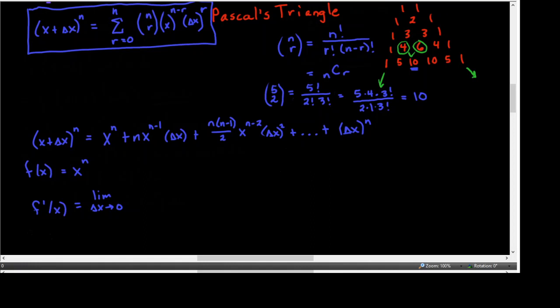Okay, so f of x plus delta x means that I'm going to put x plus delta x into that function in place of the x, so that'll be x plus delta x to the nth, minus f of x, which of course is x to the nth, all over delta x.